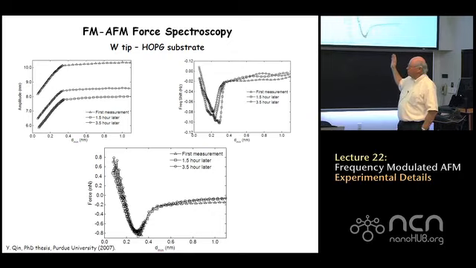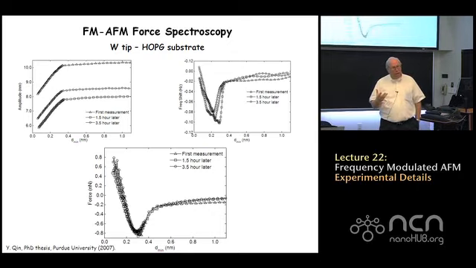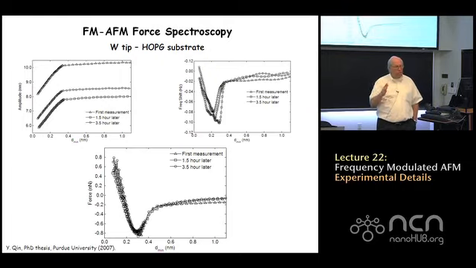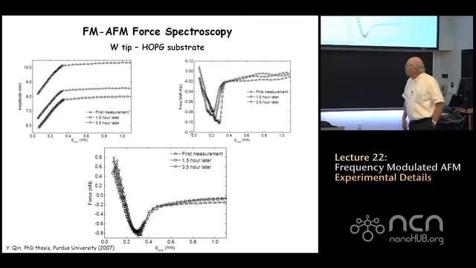We investigated large amplitude oscillation of the tuning fork. The amplitude of oscillation in our experiments was on the order of 7 to 10 nanometers. It was pretty large compared to the tip-sample interaction forces.